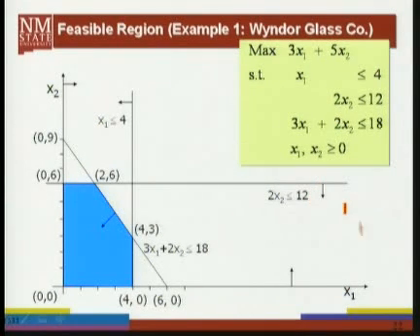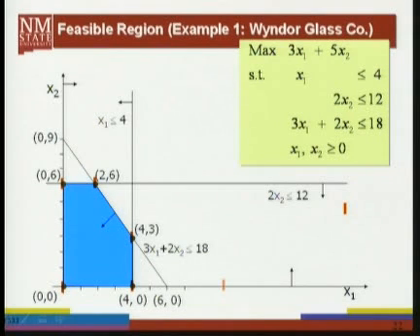Each corner becomes an extreme point, right? So we have 1, 2, 3, 4, 5, right? So one of these points must be an optimal point, right?